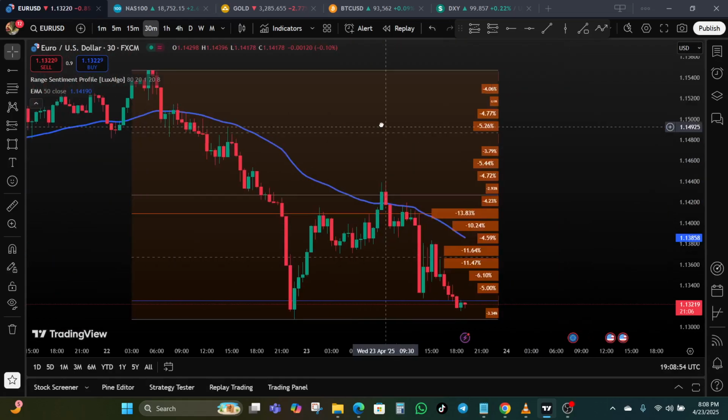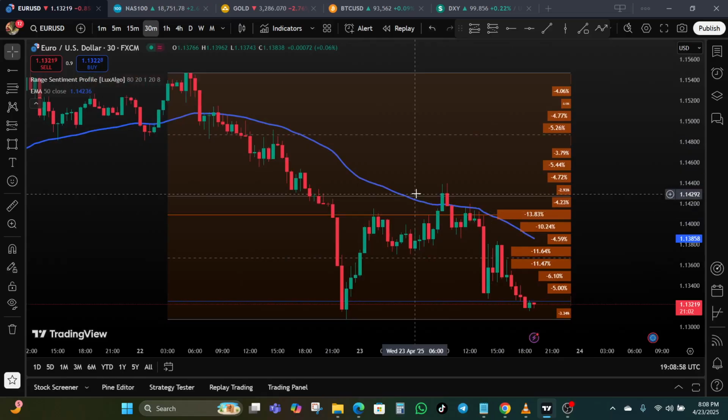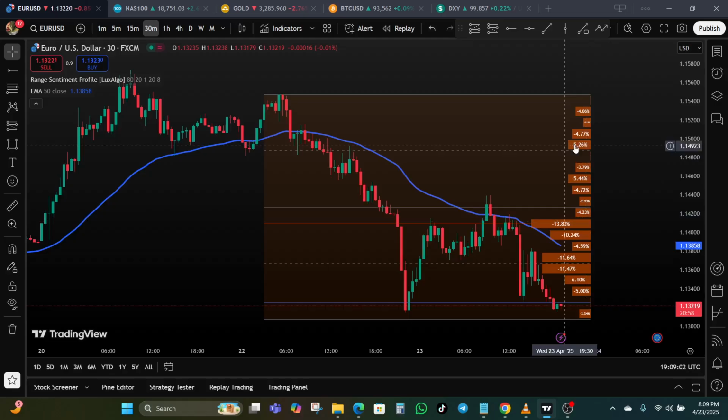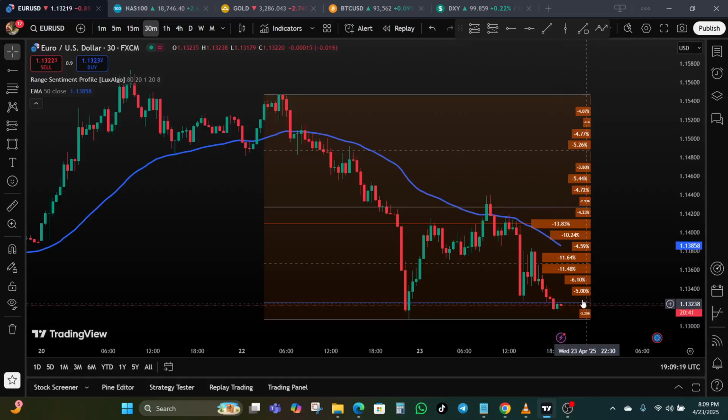Basically, you're going to be using the 50 EMA as a trend filter. In a ranging market, you pay very close attention to what the range sentiment profile is saying. The entry rules are simple. You wait for price to reach the edge of the range zone, for example, price getting to this particular edge, and you watch the sentiment shift.